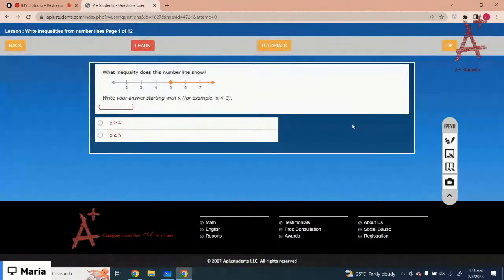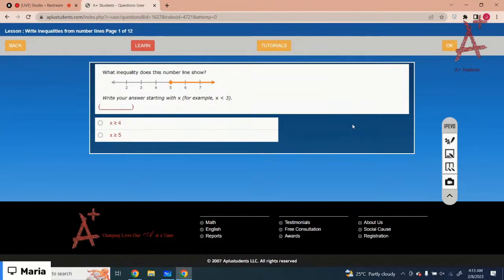Okay, the first one is what inequality does the number line show? So you have a filled in circle at 5, and the graph is pointing at the right hand side. That means all the numbers greater than 5, and also you have a filled in circle at 5.